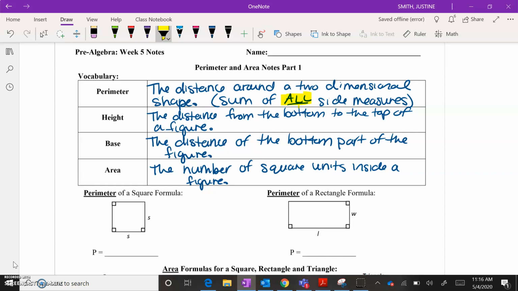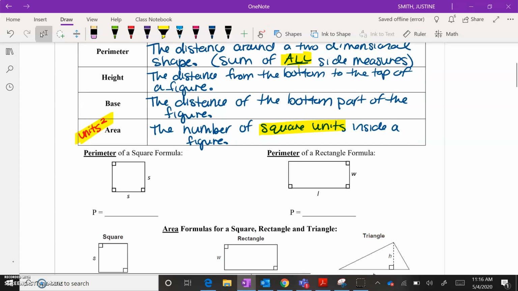The base is the distance of the bottom part of the figure. And the area is the number of square units inside of a figure. So when you're doing area, make sure that you always have units squared on your answer.